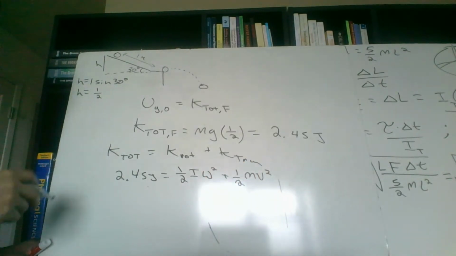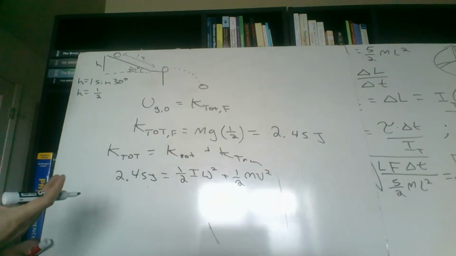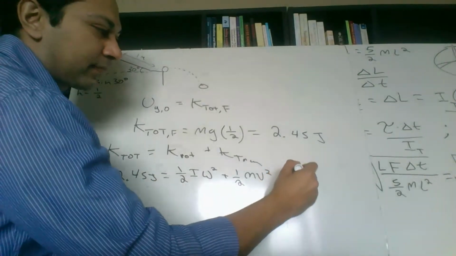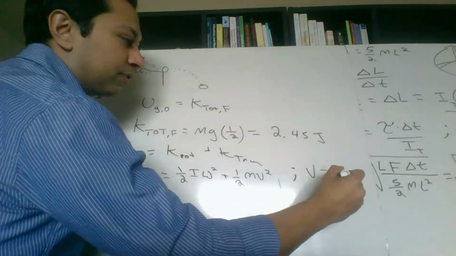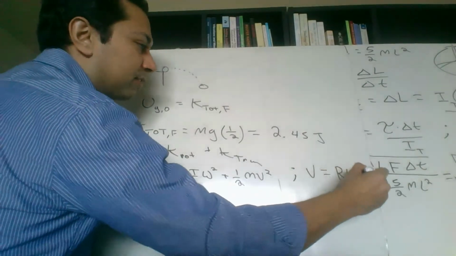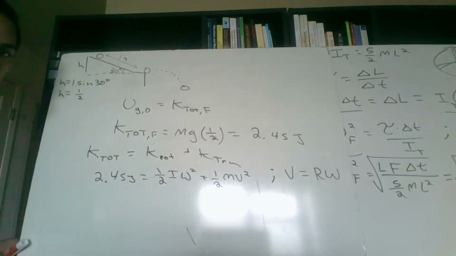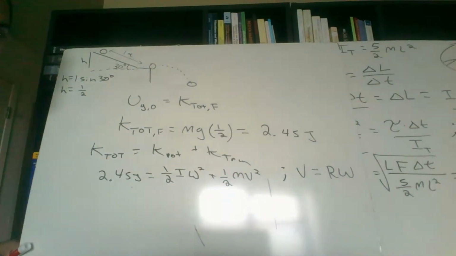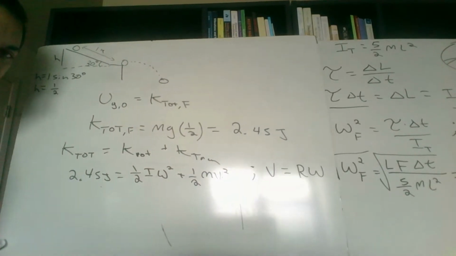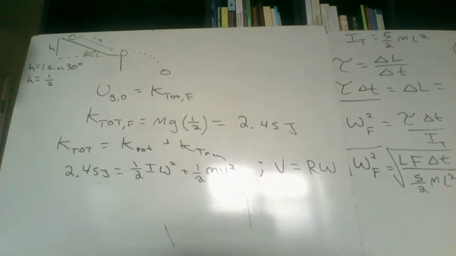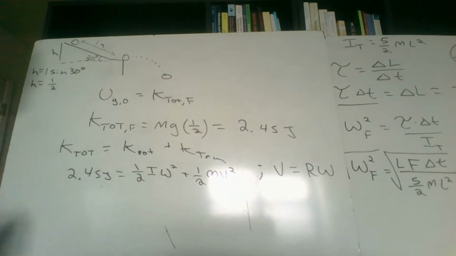And what you can do is you could put v in terms of omega. V is equal to r times omega, so this gets replaced. And I is the moment of inertia of, I forget what the object was, but its moment of inertia is equal to mr squared over 2.